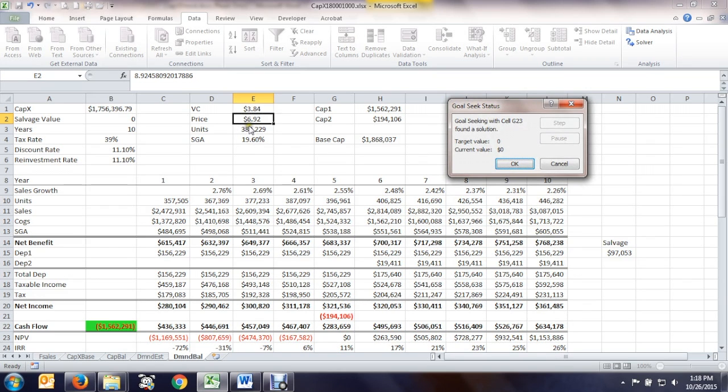And this says that the minimum price that I can charge is $6.92. So this gives you boundary conditions. My sale price is $8.92. My basic price is $8.92. But if someone wants to buy some extra from me or place a big order, it gives me some room, some fluctuation in terms of the pricing, so that I'm still profitable and able to take care of my customers well.